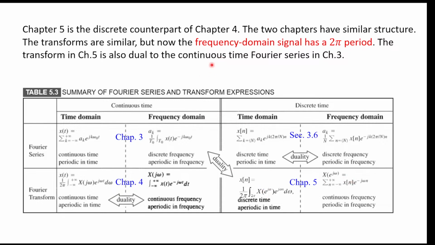The difference from chapter 4 is that, just like the difference between the continuous-time and discrete-time Fourier series, the frequency domain signal will now be periodic. Indeed, we'll see that the frequency domain signal is periodic with a 2 pi period, just because the time domain signal is discrete.